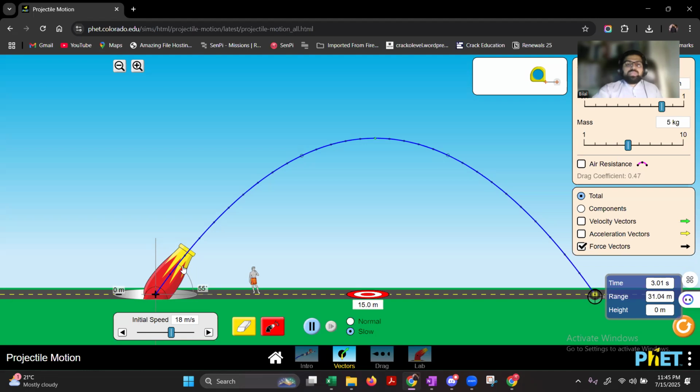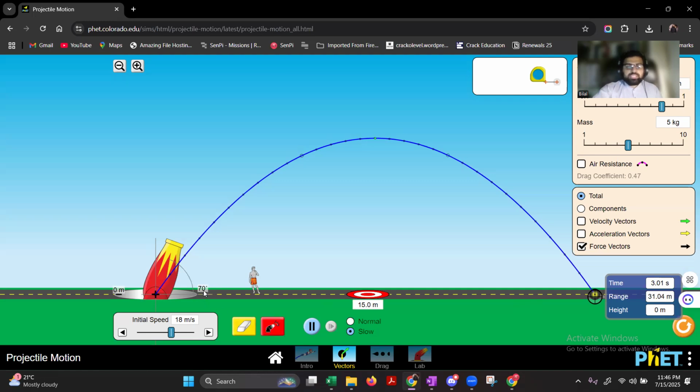But what will happen if I start changing the angles? As we discussed, height and range depend on angle. So if I start changing angles, you will see there's a very beautiful relation between the angles.